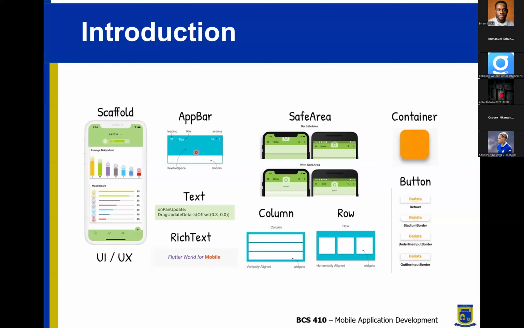The app bar usually will have the title, the leading, have action, okay, probably if there's an icon and all that, you put it there. It also has the theme to the application.